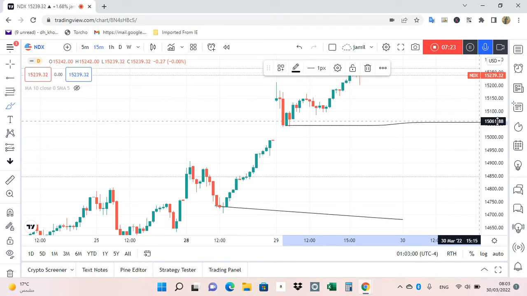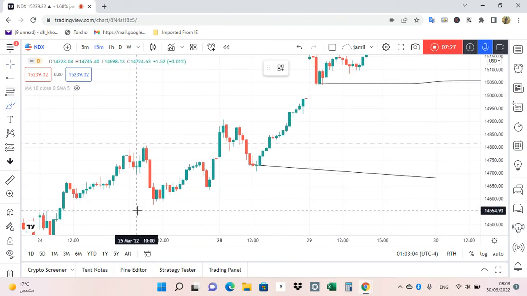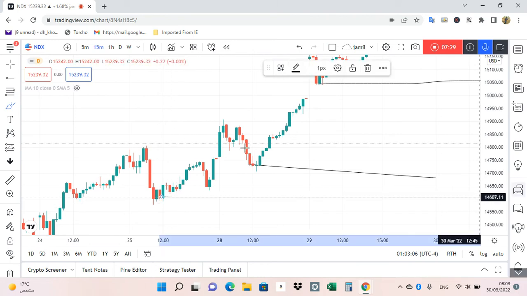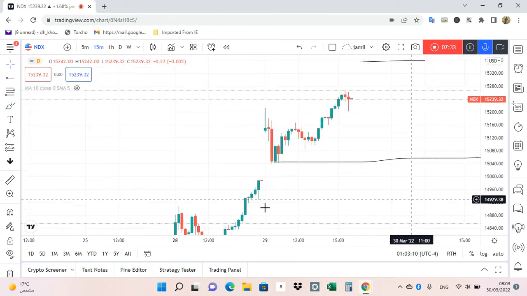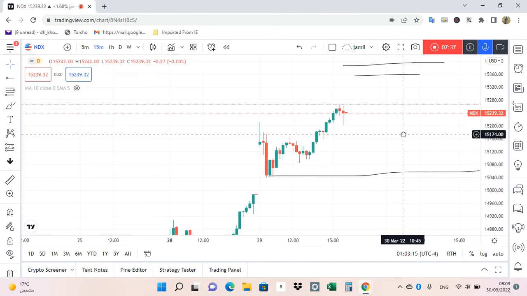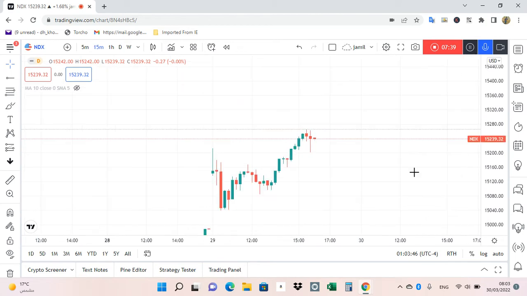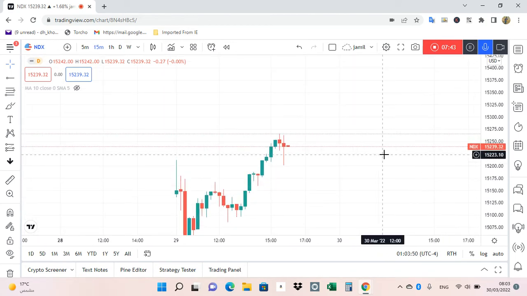People have shorted puts here, the 15,000 round level has been shorted on the put side, and 14,600 has also been shorted on puts. So the put premium has been very high, and the call premium, oh, sorry about that, guys.